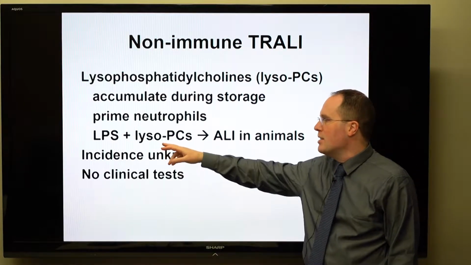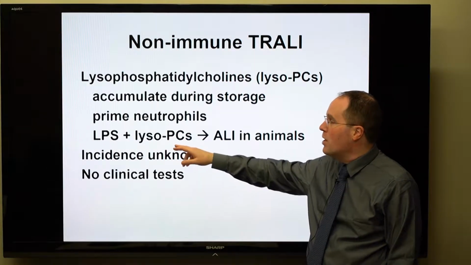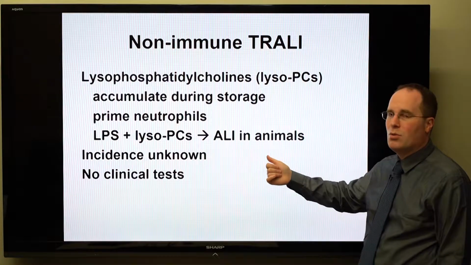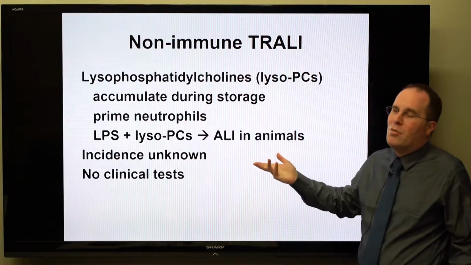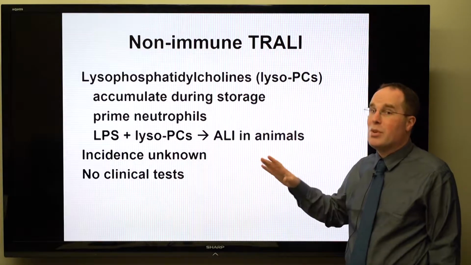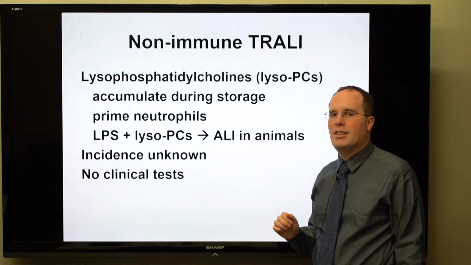So these LPSs in an animal combined with these lyso-PCs have led to acute lung injury in animal models, but the incidence is unknown and there's really no clinical tests. This is in the research phase. This is just for curiosity, FYI.